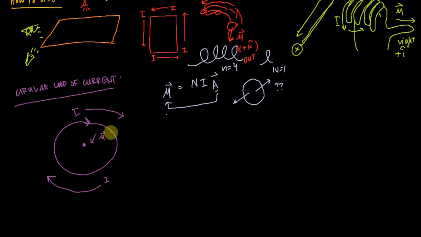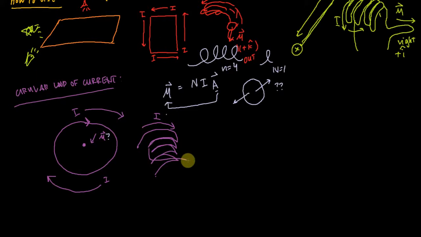So we're wondering, what is the dipole moment right there in the middle? So what we're going to do is we're going to, again, curl our fingers in the direction of the current, okay? So here's my claw hand. I'm curling my fingers in the direction of the current, and I find that my thumb, if I'm curling my fingers in the direction of the current, is actually going back into the board.